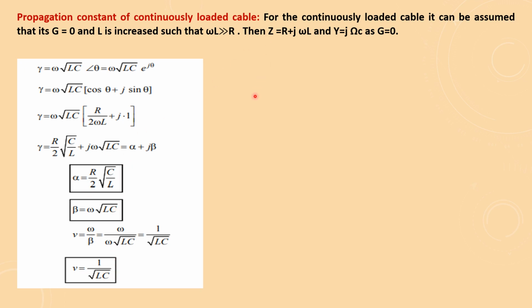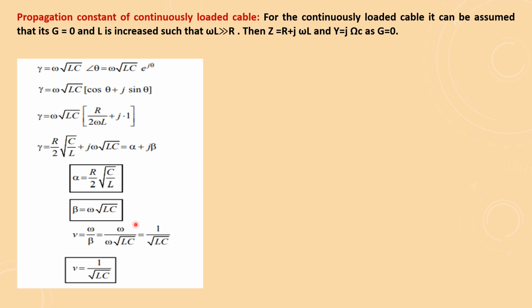If you want to make the condition LG equal to RC, two conditions arise. First, alpha and the velocity of propagation should be independent of frequency. If you want to keep the velocity of propagation independent of frequency, then the beta value should be a direct function of omega, that is frequency. Considering that condition, we derive the equation.